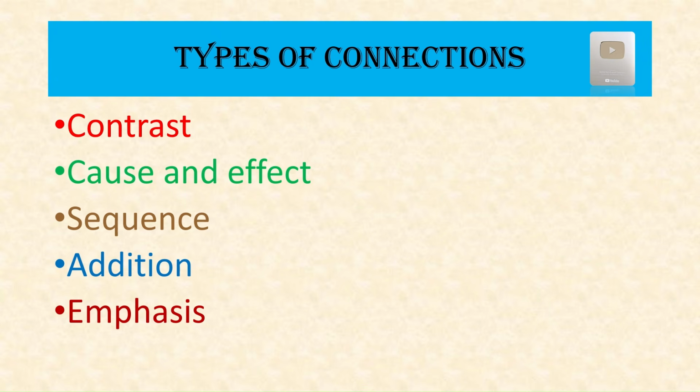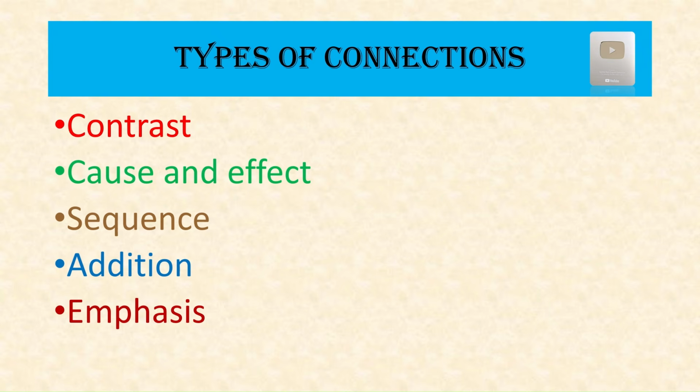As I told you earlier, there are 5 types of connections which can be made with conjunctive adverbs. Contrast, when the two clauses or the two sentences are opposite to each other. Cause and effect. One clause is there or one sentence, and the second one shows that it is the effect of the first one.